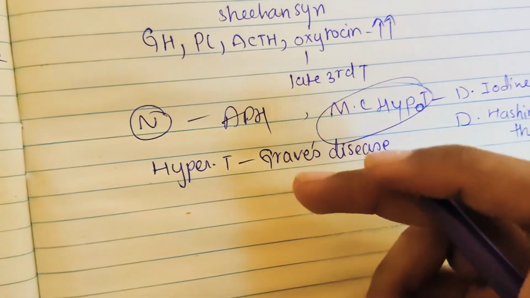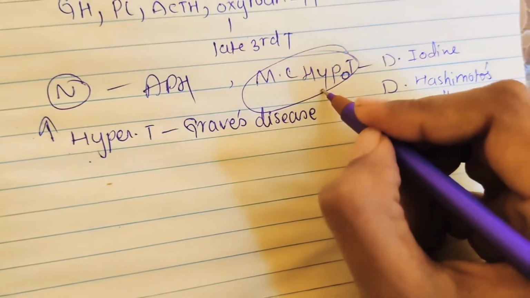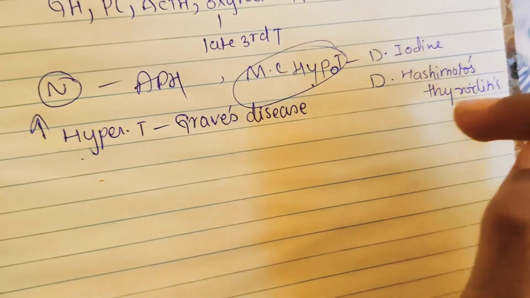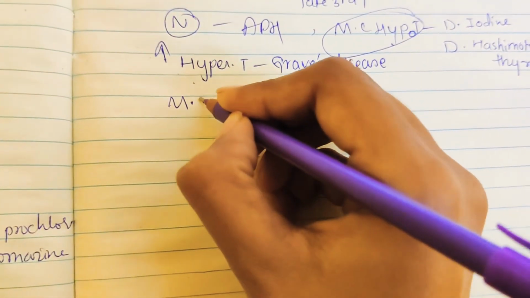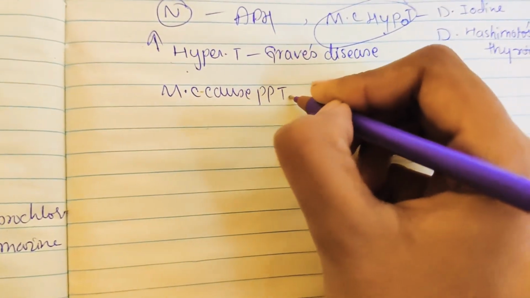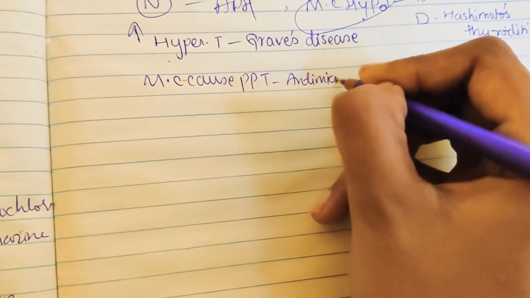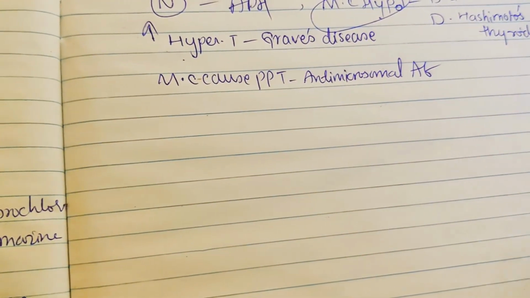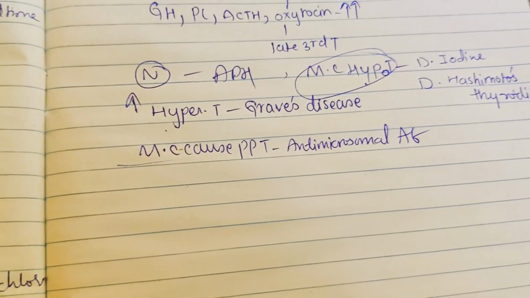Lastly, the most common cause of postpartum thyroiditis is antimicrosomal antibodies. Okay, so by this we have completed the discussion on maternal adaptation in pregnancy. Next we start with a new chapter.